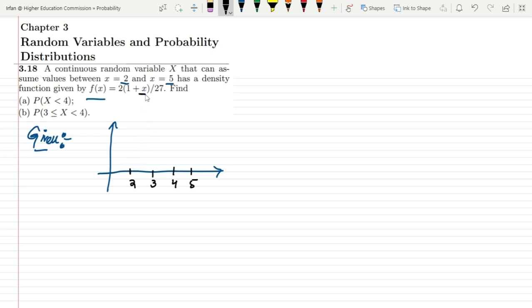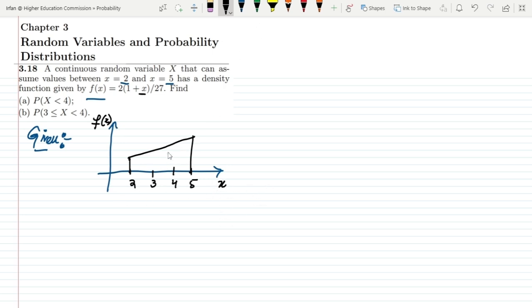As we can see, this is a linear function, so most probably it will look like this. On the y-axis we have f of x, and on the x-axis we have the random variable x.